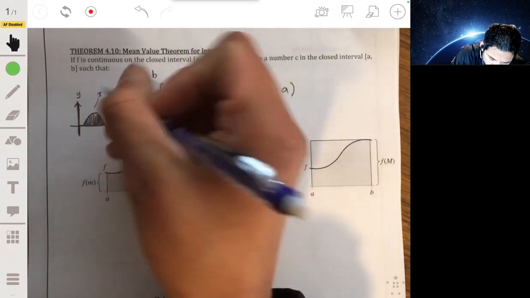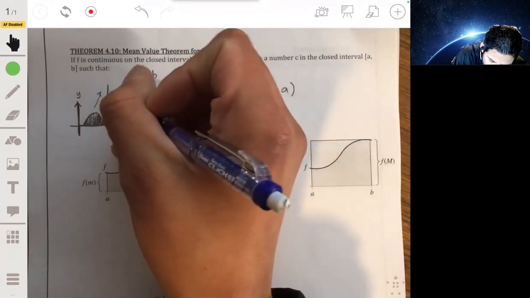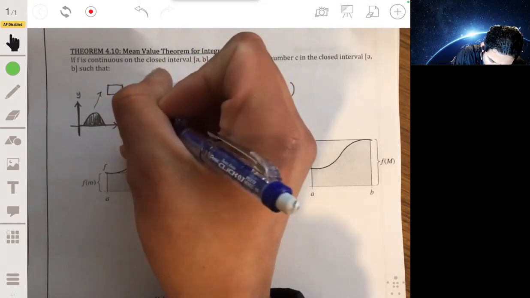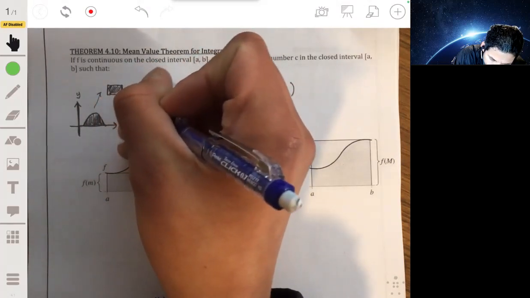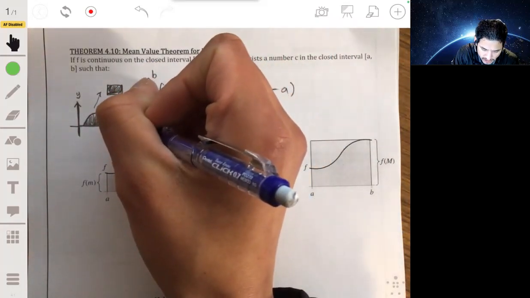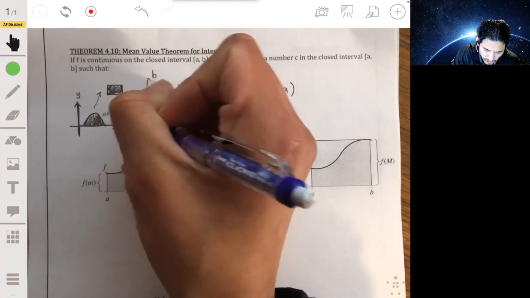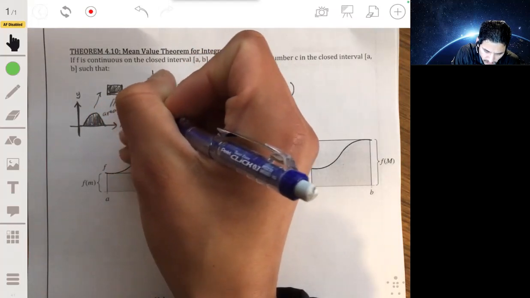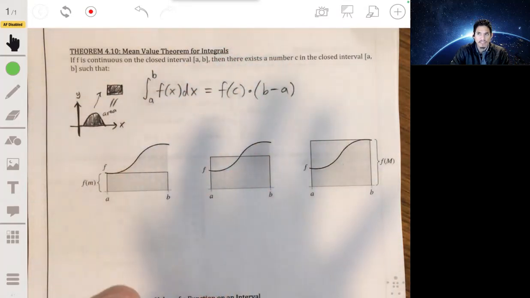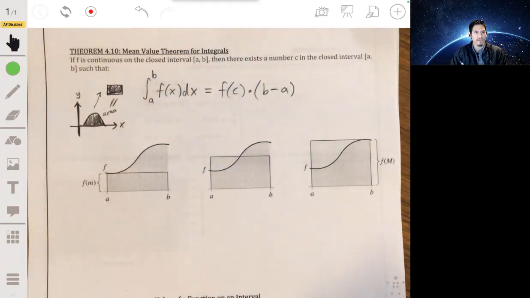So the area of this is equal to the area of this. So both of these have equal areas.